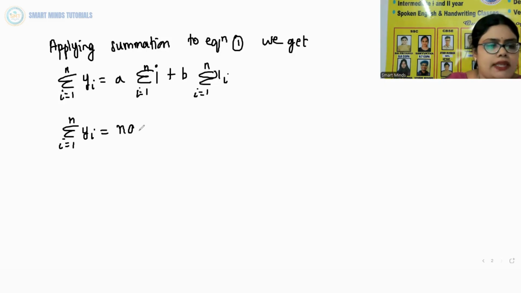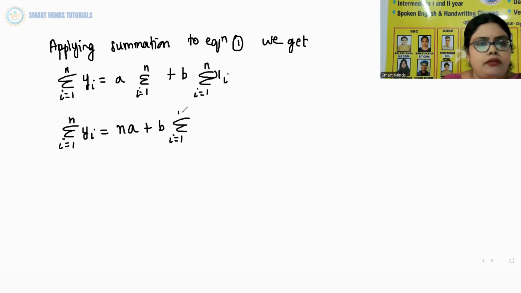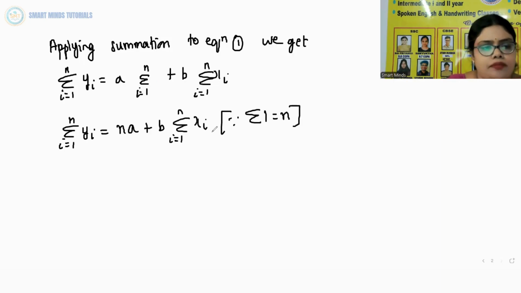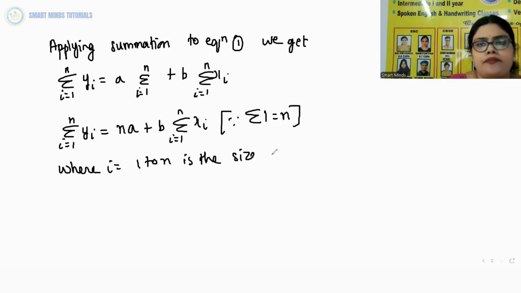So that is na. So sigma yi = na + b sigma i = 1 to n xi. Why? Since sigma 1 = n, where i takes values 1 to n, n is the size of the data.